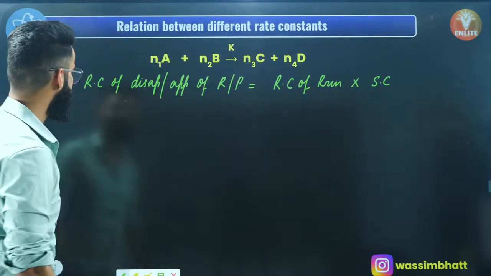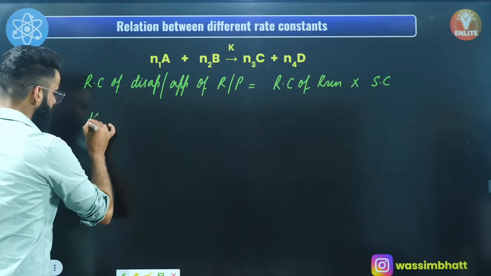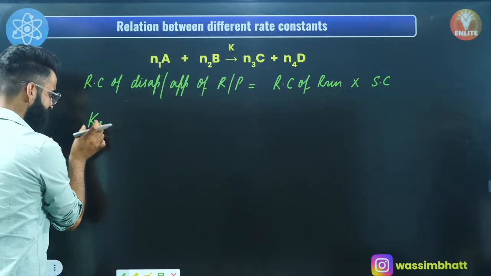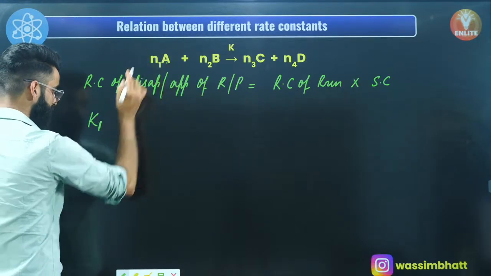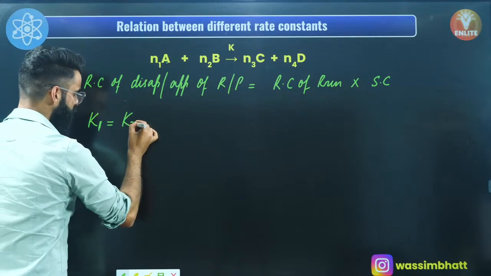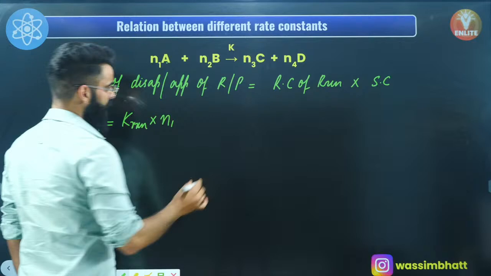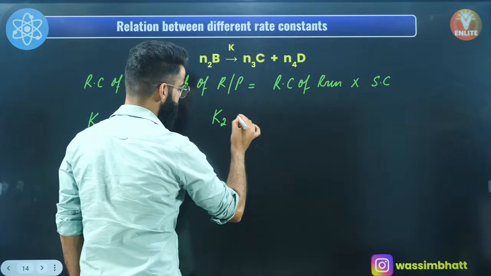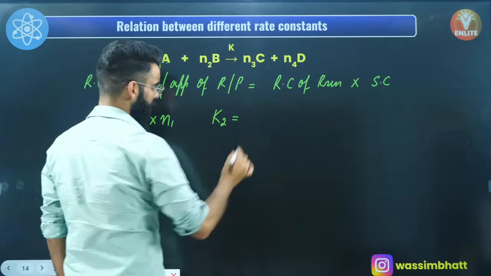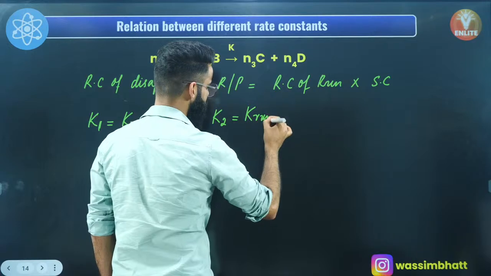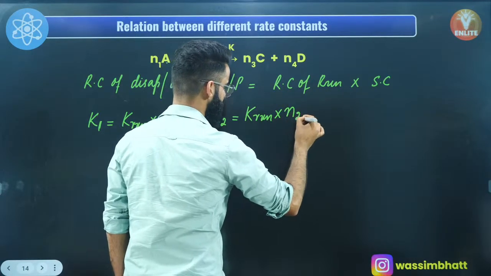What is meant by that? Say, if I write K1, K1 is what we call the rate constant of disappearance of A. It's going to be equal to the rate constant for the reaction multiplied by the stoichiometric coefficient of A. Similarly, K2 stands for the rate constant of disappearance of B, equal to the rate constant for the reaction multiplied by the stoichiometric coefficient of B, that's N2.